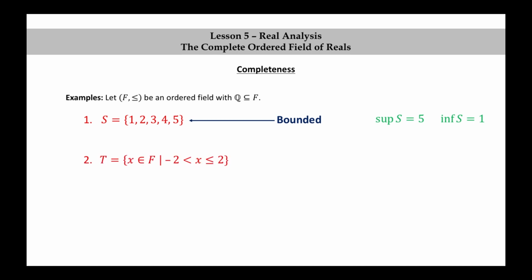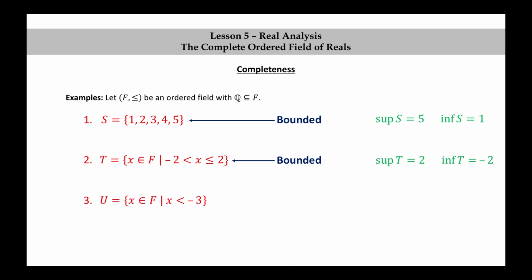Another example, let T equal the set of x in F such that -2 < x and x ≤ 2. This is another example of a bounded set. The supremum of T, or the least upper bound of T, is 2, and the infimum of T, or the greatest lower bound of T, is -2.